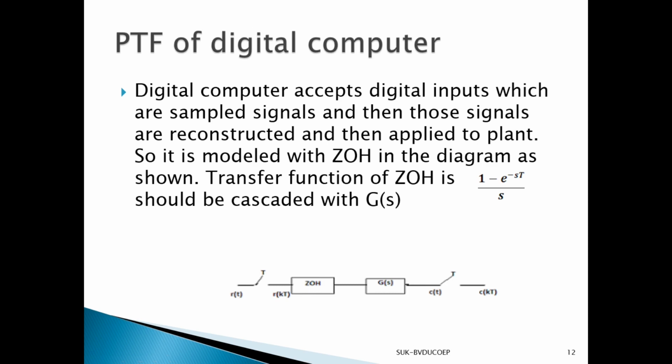Otherwise it cannot work in a correct fashion. So every time whenever there is a digital controller system, you have to always have this block and its transfer function. As an example, when there is an error, there will be an amplifier K. Similarly, when there is a digital computer, there will be a zero order hold with the transfer function 1 minus e raised to minus sT upon s. This should always be cascaded.